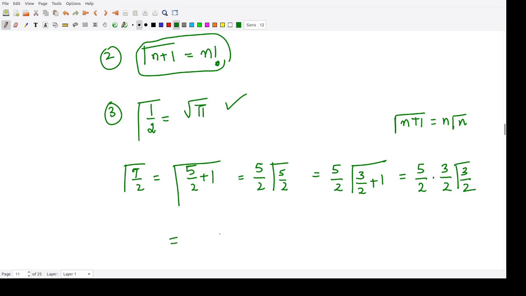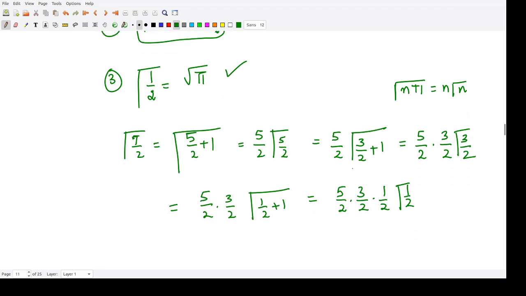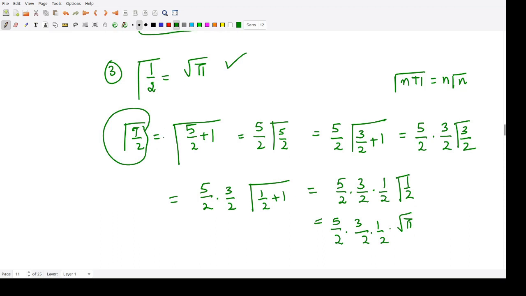Then again you can write 3 by 2 as 1 by 2 plus 1, so this becomes 5 by 2 into 3 by 2 into 1 by 2 into gamma of 1 by 2. And what is gamma of 1 by 2? It is square root pi, so its value becomes 5 by 2 into 3 by 2 into 1 by 2 into square root pi. So this is the value of gamma of 7 by 2.